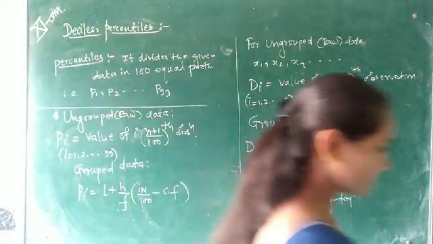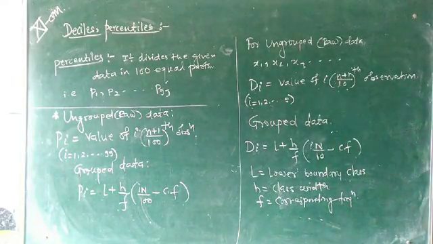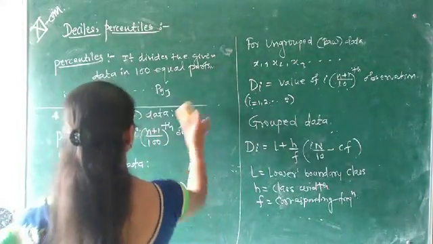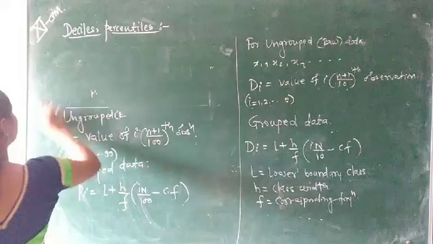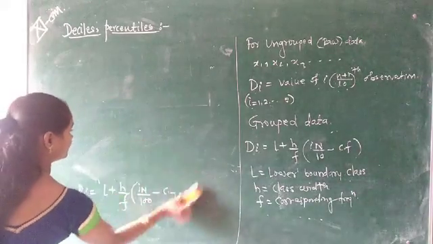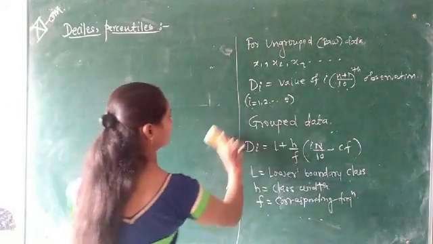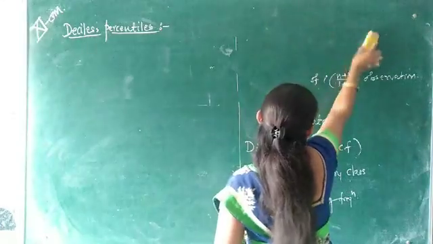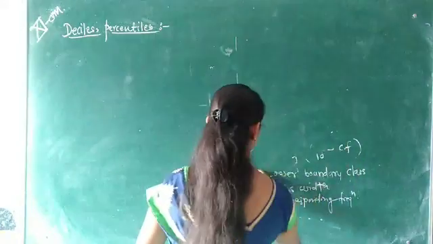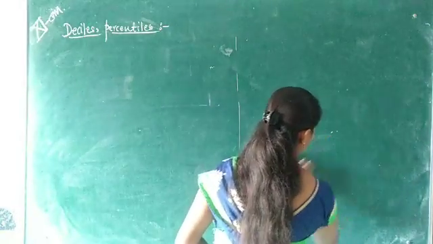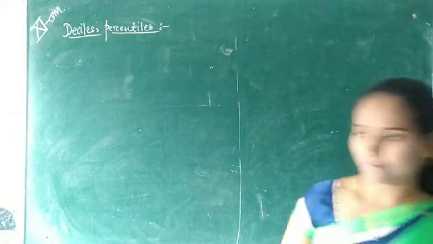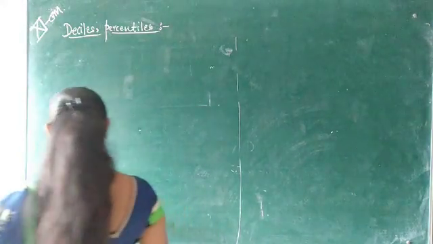Now see the next exercise, exercise number 1.2. First example: calculate D6 and P85 for the following data.